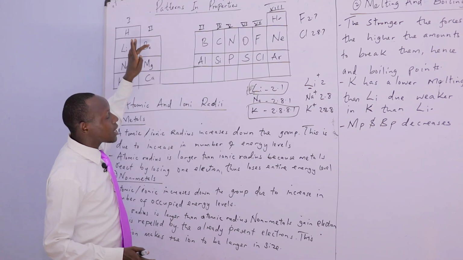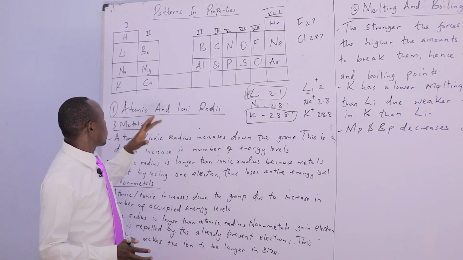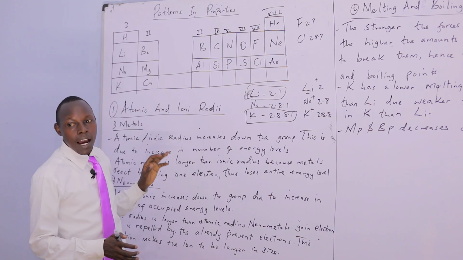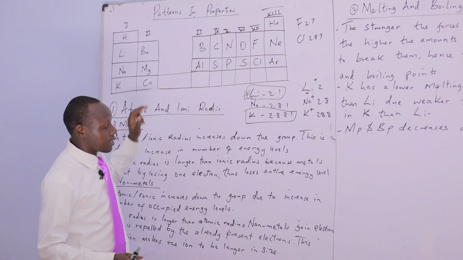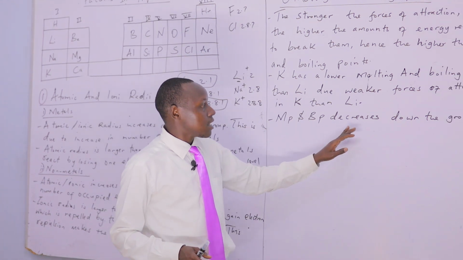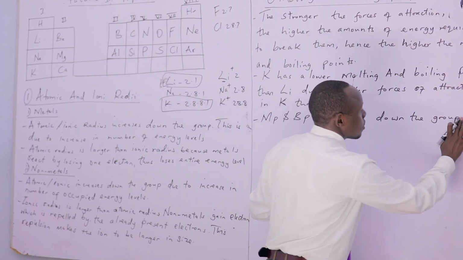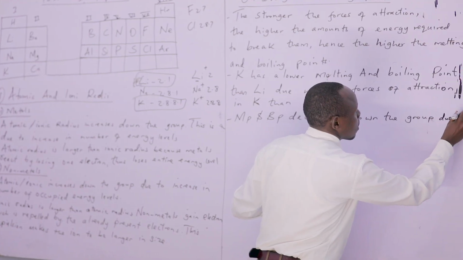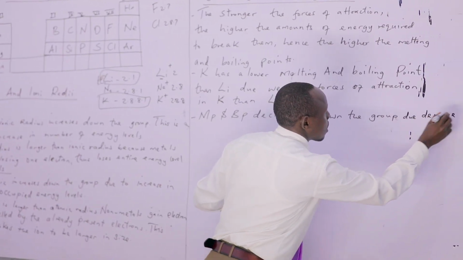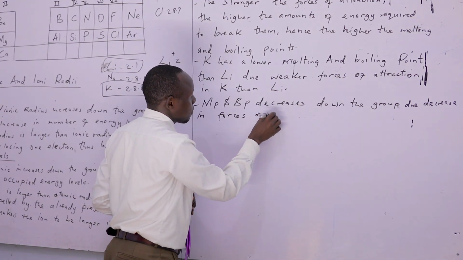Similarly, beryllium will have a higher melting and boiling point, followed by magnesium and the lowest calcium. The reason is because melting and boiling point decreases down the group due to decrease in forces of attraction.